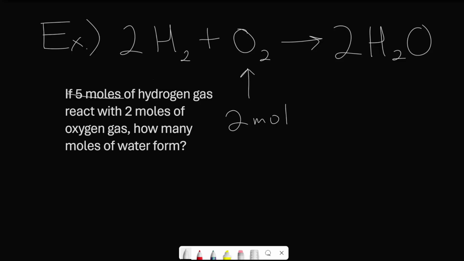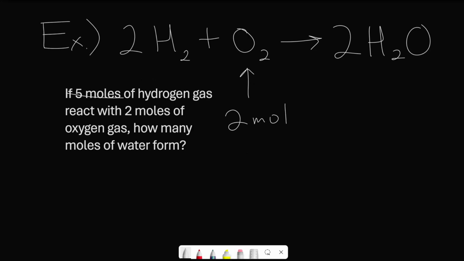So everything's going to be based off of this number 2. Keep that in mind. And because the ratio of oxygen to water is 1 to 2, then similar to last time, we're going to multiply by 2, and we know that that's going to give us 4 moles of water. And it's easy as that.